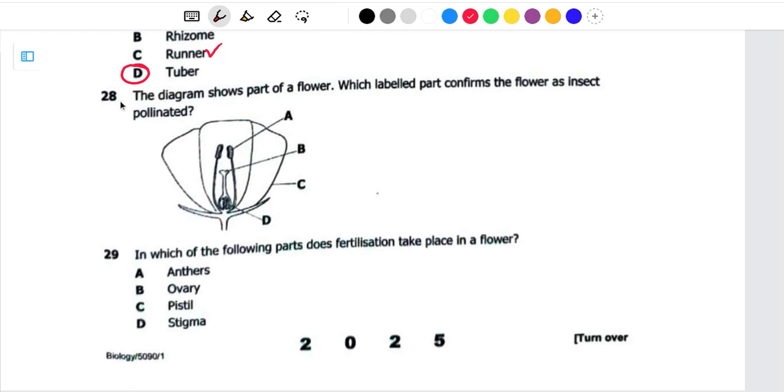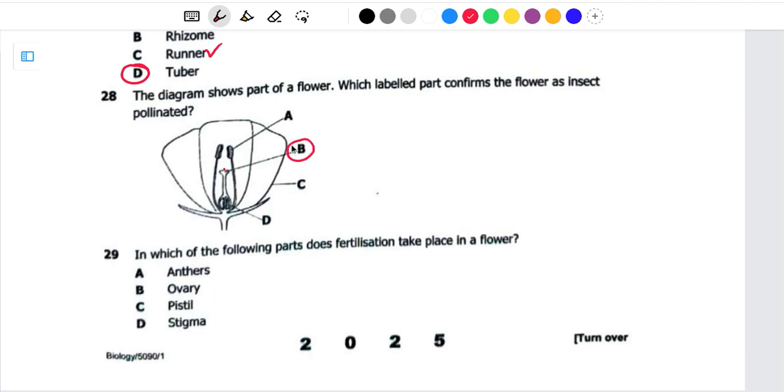Then question 28 is saying the diagram shows part of a flower, which body part confirms the flower as insect pollinated. So you find that insects are attracted by, they follow nectar, isn't it? And nectar is found at the stigma here. So when they come to get the nectar, they pollinate the flower.